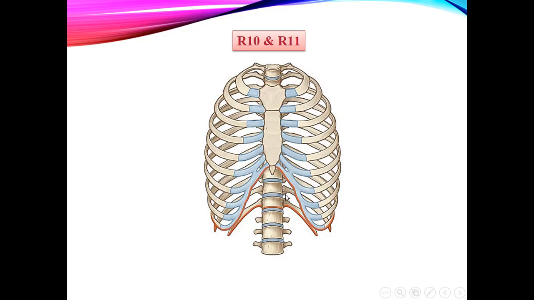Whereas here, for example, R12 or R11 articulates with just one vertebra, and as you see, R12 articulates just with T12. R11 articulates just with T11, and R10 articulates just with T10.